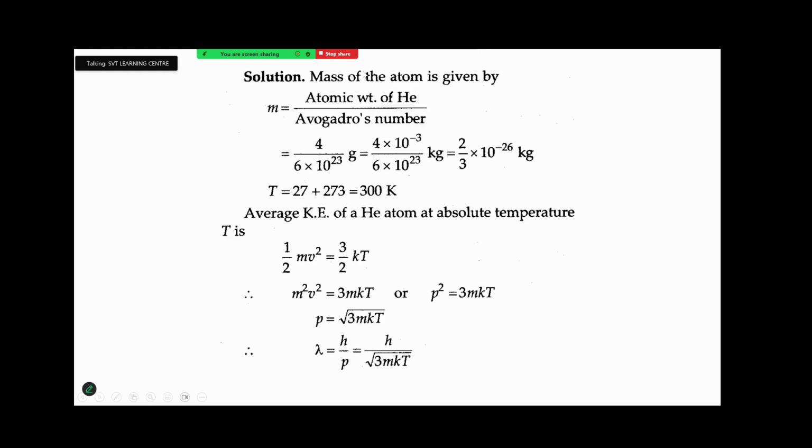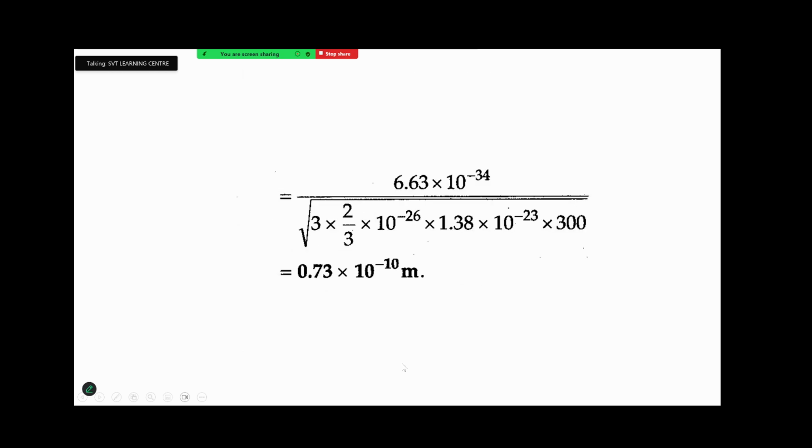So first we have to find out the mass: atomic mass upon Avogadro number will give you the mass. Temperature is given to you, and half mv² will be equal to this. So your m²v² will turn out to be 3mkT. That will be the momentum, and put it over here, you will get the value of λ as this much.